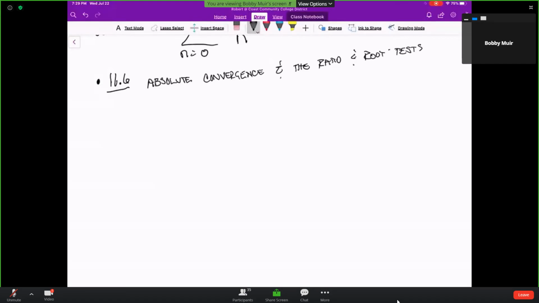Okay, so we'll start off by what it means to be absolutely convergent. Definition. Let a_n be any sequence of reals. It might alternate, might be all positive, it might go positive for a little bit, negative for a little bit.